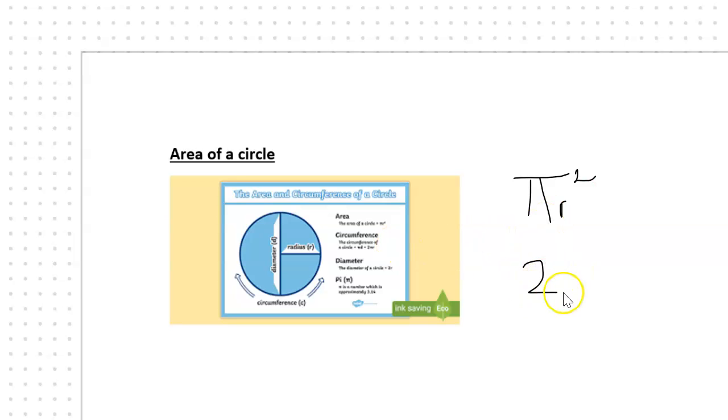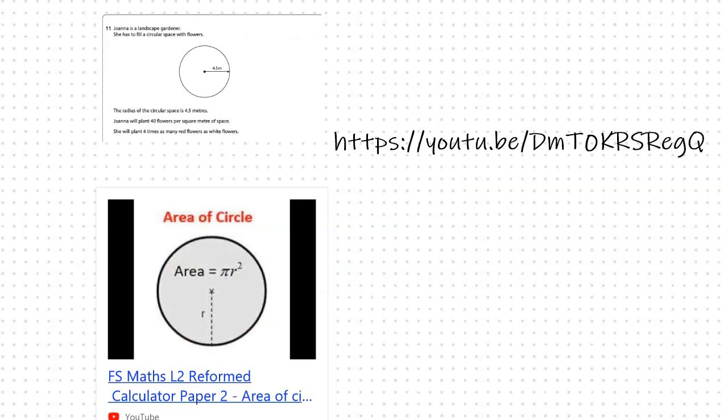Circumference is 2 pi r. Obviously these signs here are pi. At the start of the paper it will tell you what figure to use for pi. So let's just remind here, pi equals 3.14.